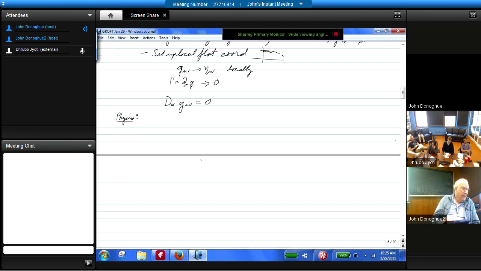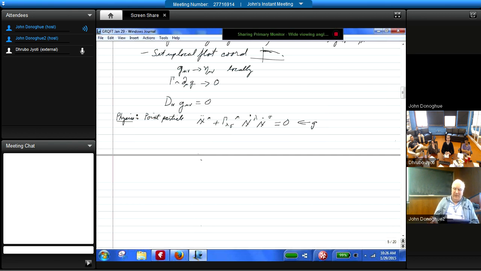There's a more physicsy derivation if you want, and I don't want to go through it, but here's what it is. If you do a point particle and see how it moves, the equation of motion is x double dot mu, the second derivative, the acceleration, plus this connection, gamma mu lambda sigma, x dot lambda x dot sigma equals 0.